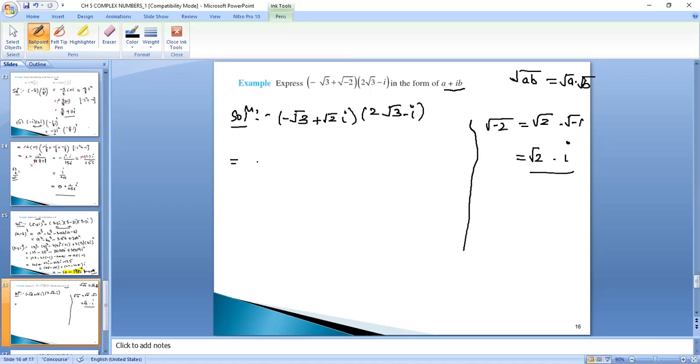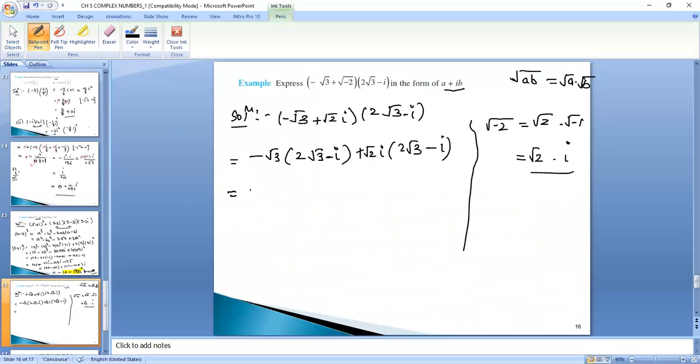Multiply the two brackets: −√3(2√3 − i) plus √2 i(2√3 − i). Now we will multiply.